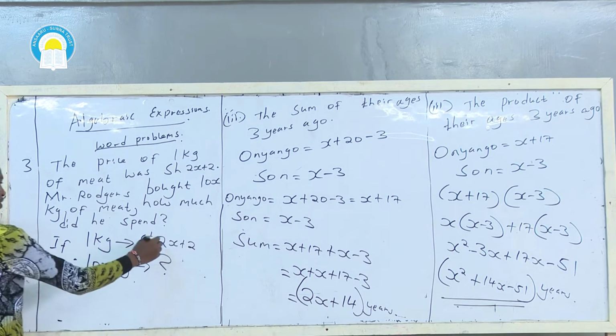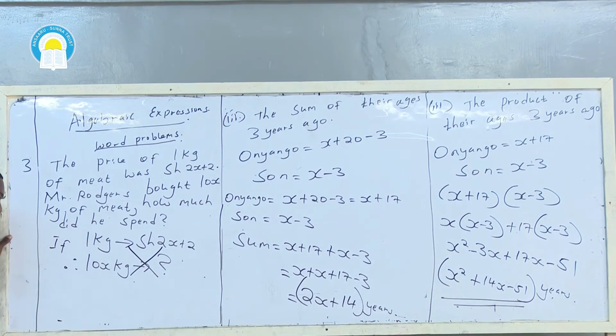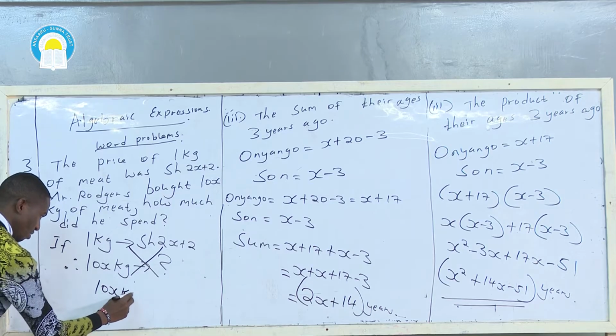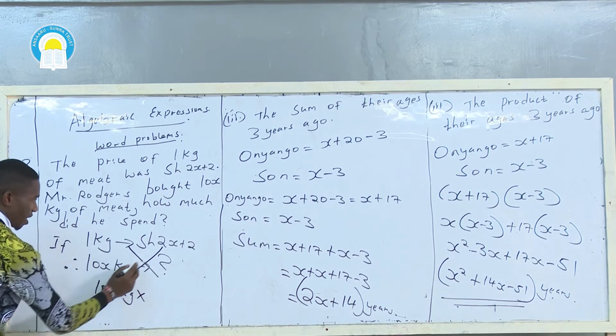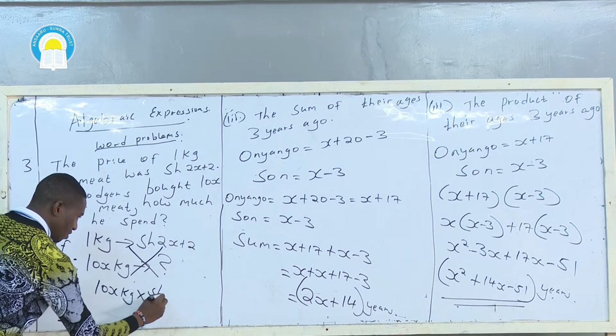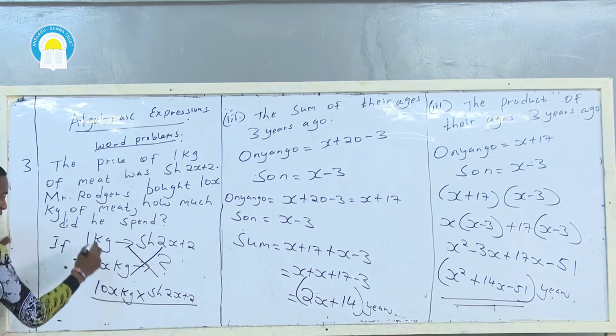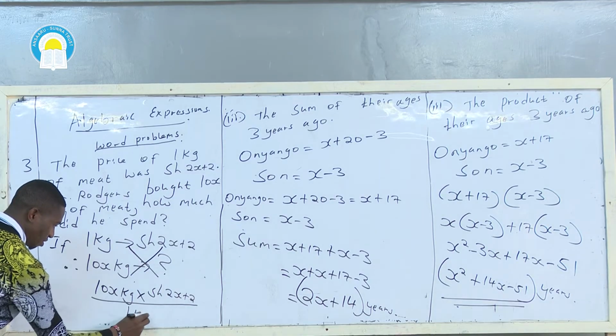So we cross multiply. That one will be 10x kg times, you just follow the arrow, shillings, 2x plus 2, everything over 1 kg.